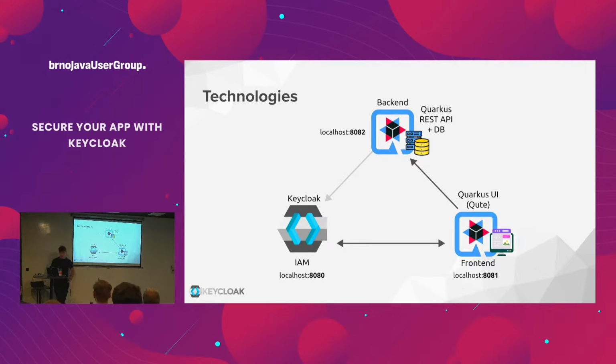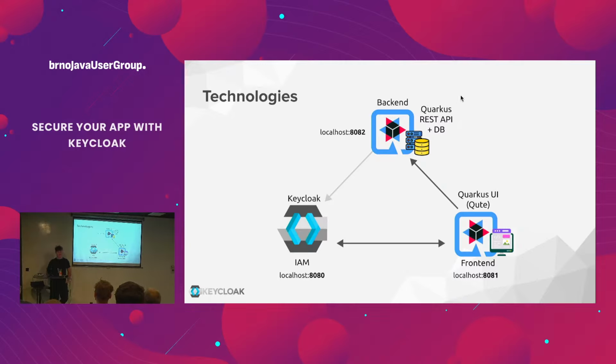What technologies were used? I hope you know Quarkus. Do you know? Yeah. Martin, a little bit, yeah. Yeah, so it's a Java user group. So I used Quarkus as the Java framework.